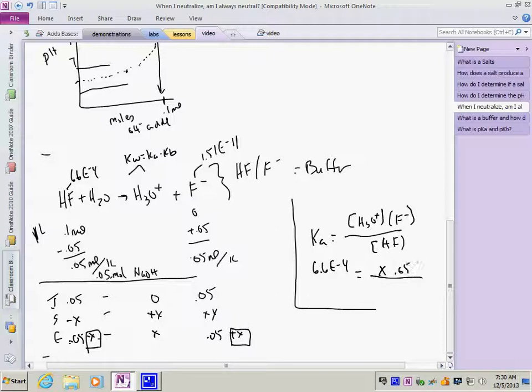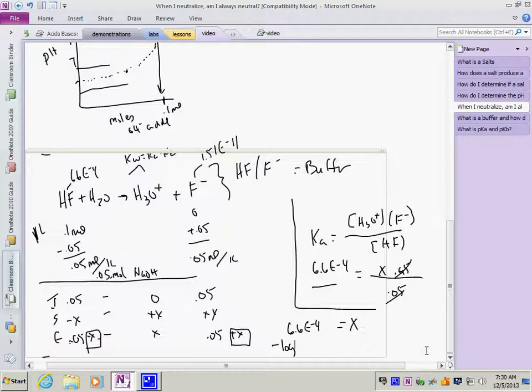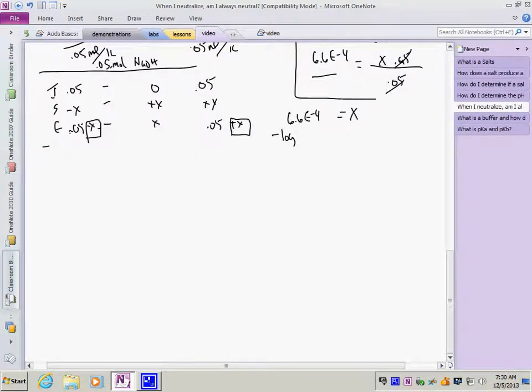This is 0.05 and 0.05. Anytime you have equal concentrations, this is important. They cancel, and the x value equals the Ka. This is 6.6 e to the negative fourth. If I take the negative log of this value, at this point, I get the pH.